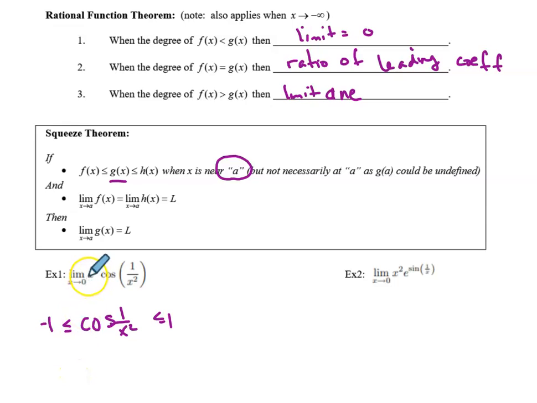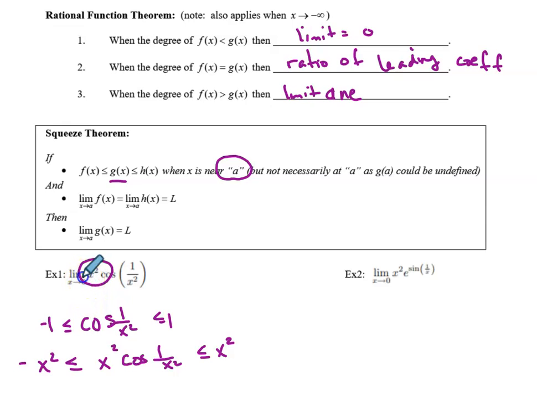And then I can multiply all three parts of this inequality by x squared. And the x squared, by the way, is coming from this component right here. So that means I have negative 1 times x squared, or negative x squared, less than or equal to x squared cosine of 1 over x squared, less than or equal to x squared.